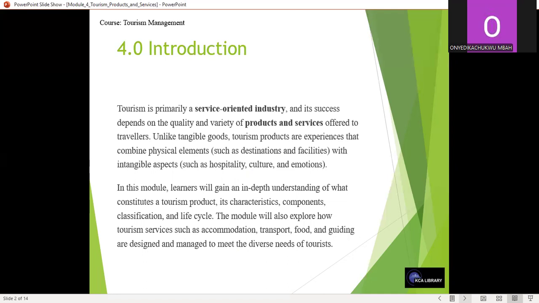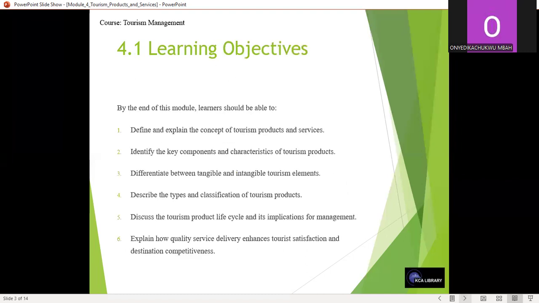This module will also explore how tourism services such as accommodation, transportation, food, and guiding are designed and managed to meet the diverse needs of tourists.